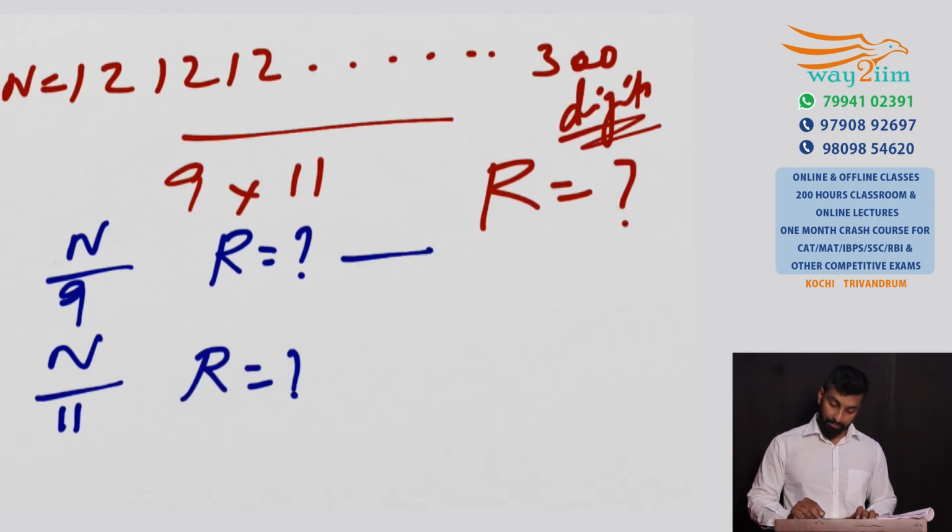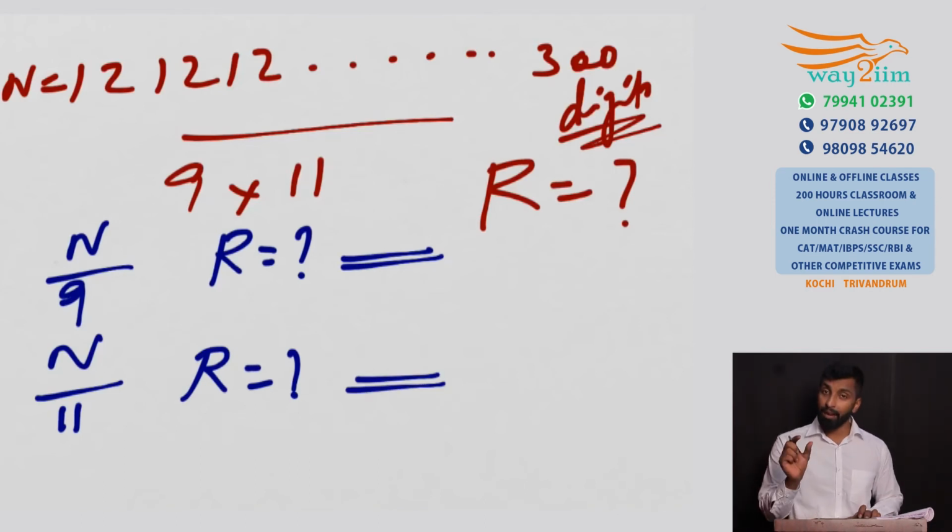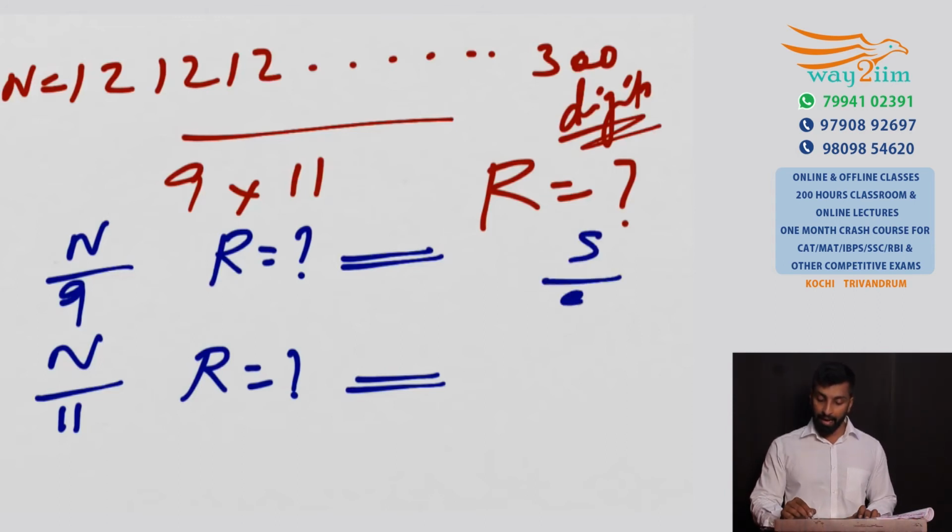So you get a condition here. Based on that, you can find a smaller but similar number which will satisfy both conditions, and that will be your remainder when the bigger number is divided by 99. That's the Chinese remainder theorem. That number, let's say s, divided by 99 will give you the answer. So let's see how you proceed.